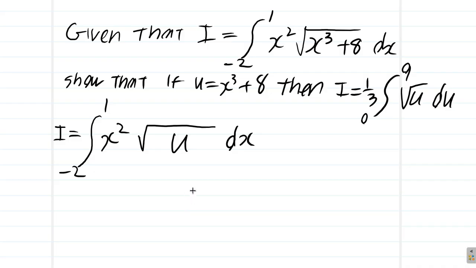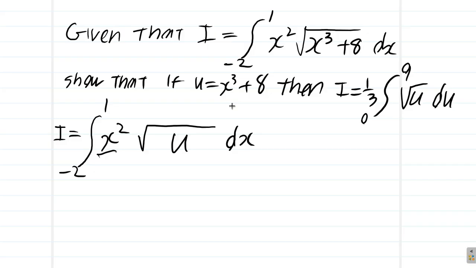Now here we have a dx. We're supposed to have du. In addition, we have an x squared, and there shouldn't be any x squared. And we have some more changes to make. Now, the fact that u is x cubed plus 8, we can get a dx somewhere there if we differentiate and find du by dx.